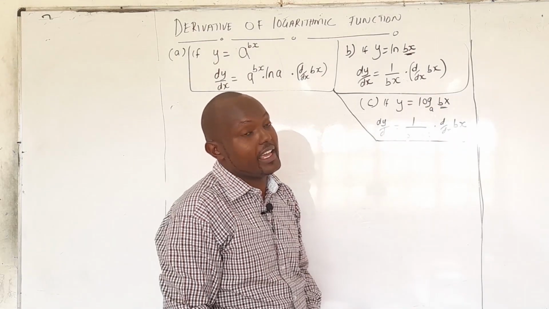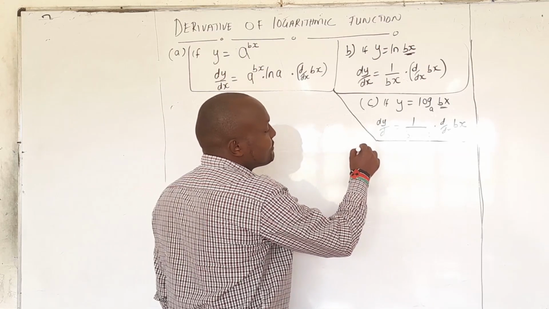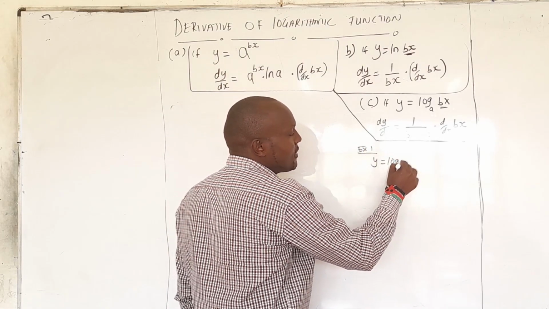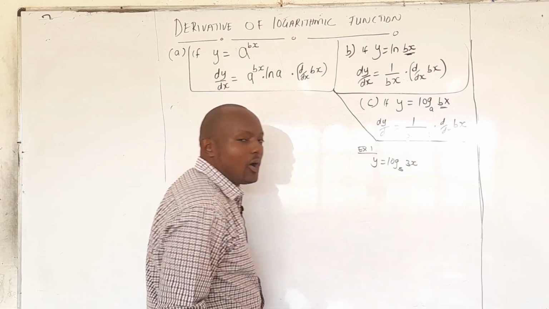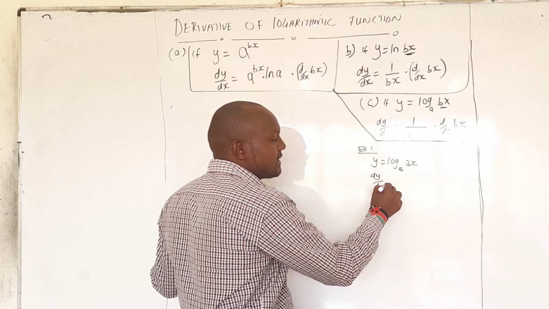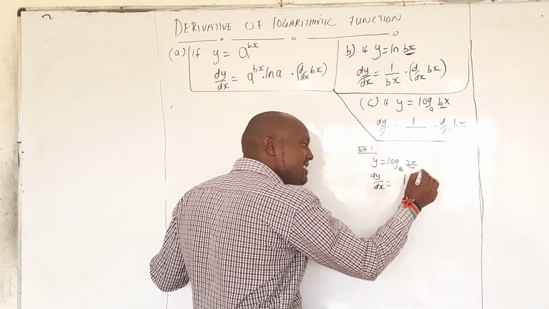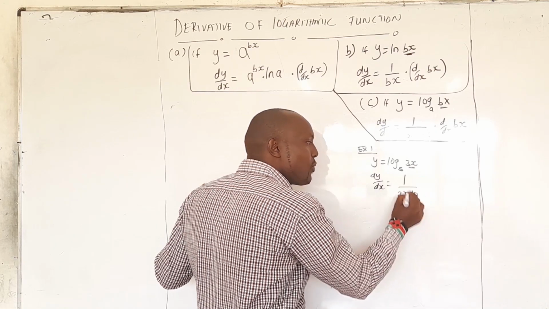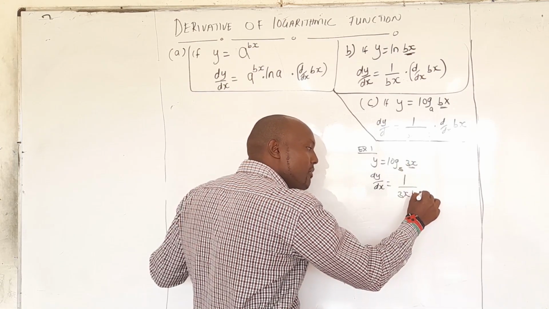Example 1: maybe you are given y is equal to log base 5 of 3x. How do we differentiate that one? dy over dx will be 1 over 3x, because our main focus is 3x. But in this case we have base 5, so natural logarithm of 5.